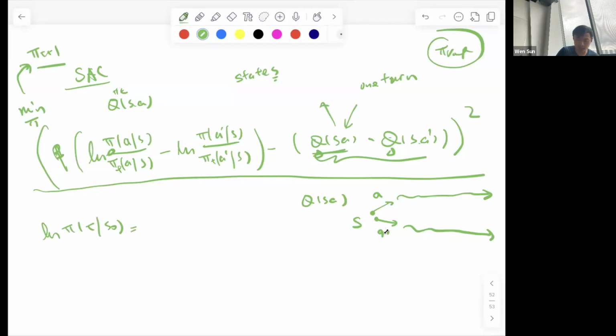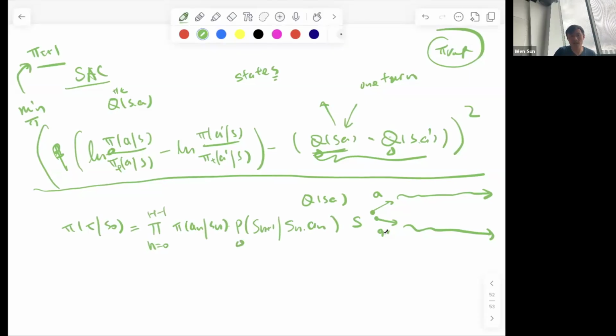This can be written as the product of the policy of A_H given S_H times the transition of S_{H+1} given S_H, A_H, right? So you can't naively compute the trajectory likelihood anymore if your environment has this stochastic transition and this P is unknown.